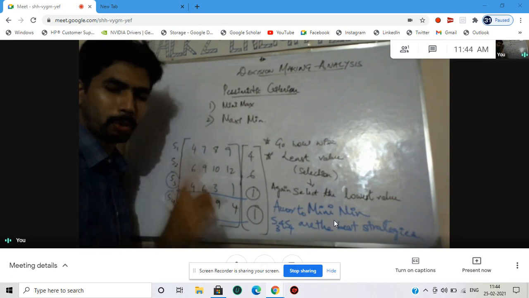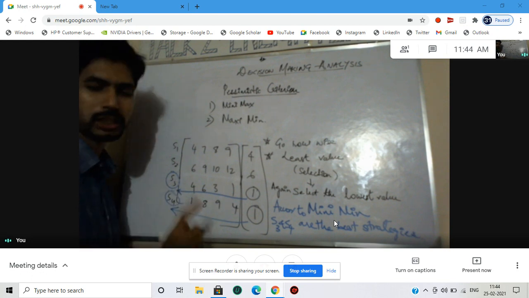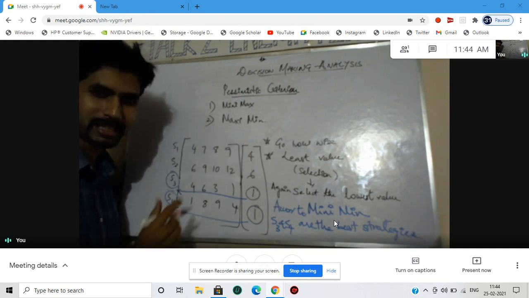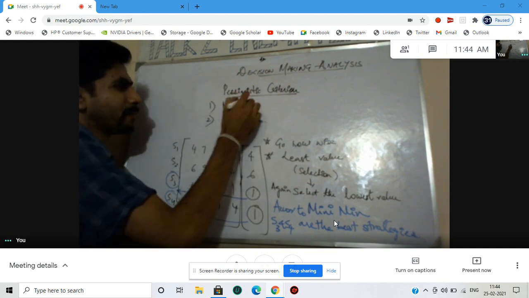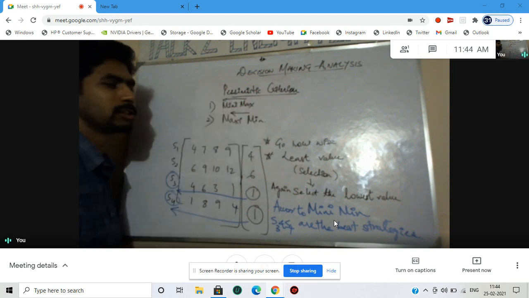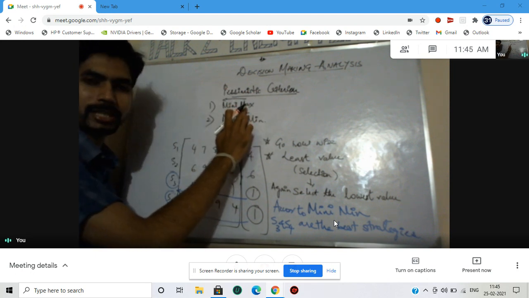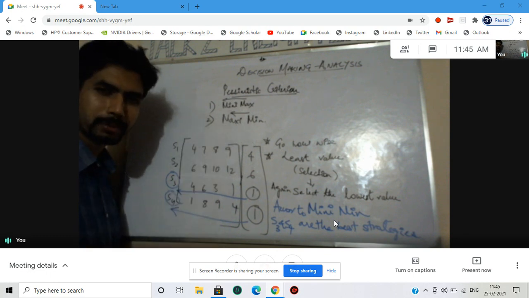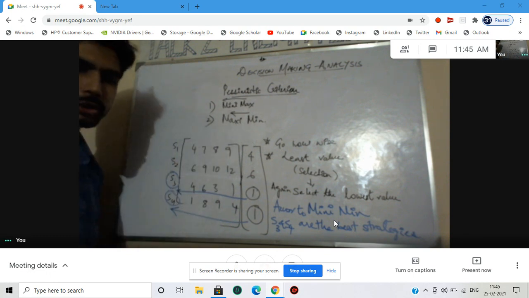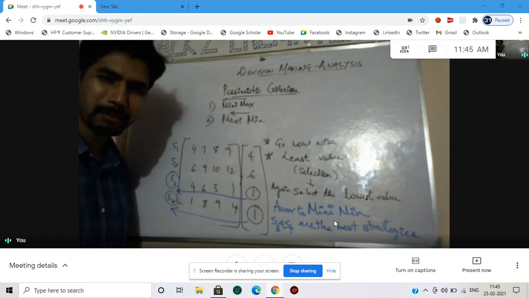Again, the most important thing I said in decision making, please put an arrow mark backside because we are working from back. So put an arrow mark like this. So first you're going to see the maximum, and then in that particular choice, you're going to select the minimum value.